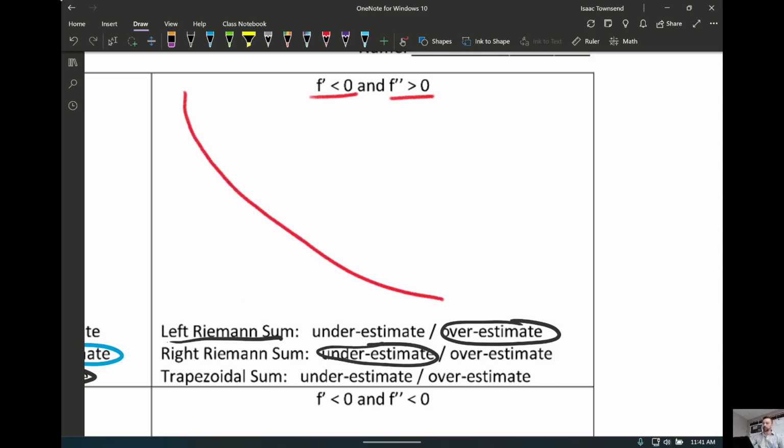And then trapezoidal. Well, my picture is not looking the best.